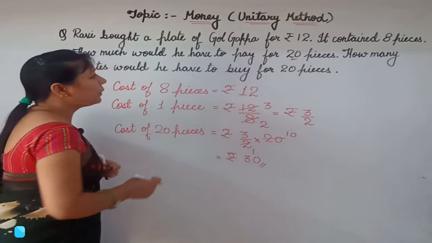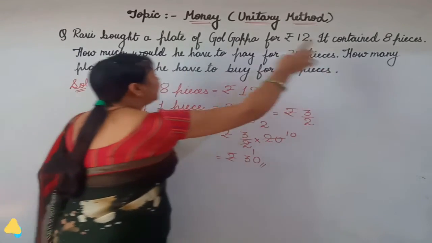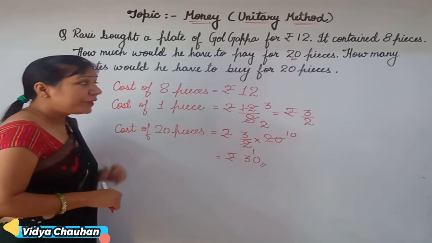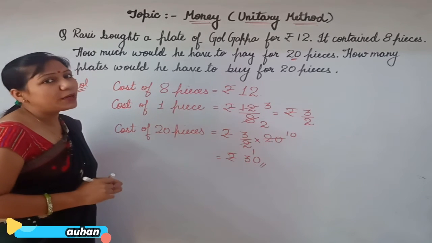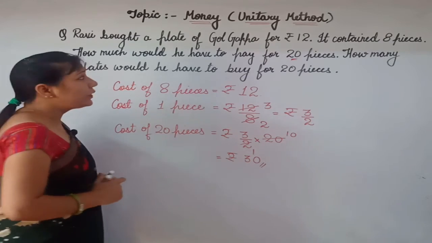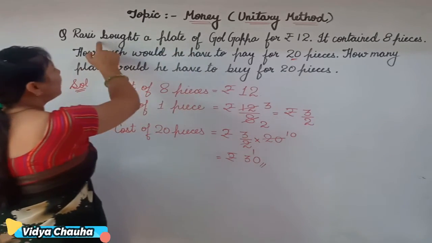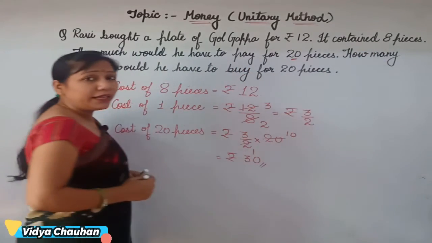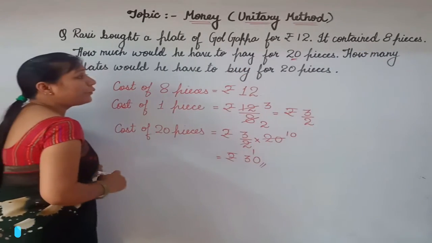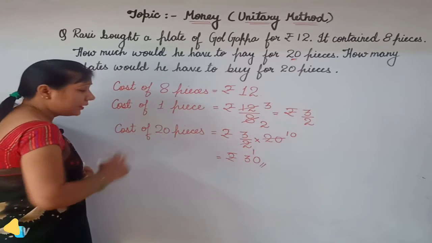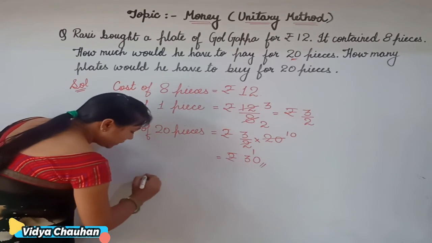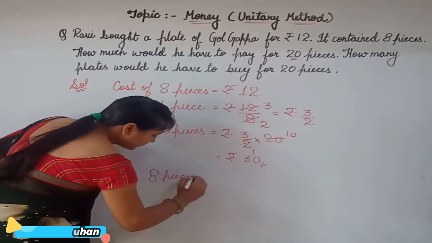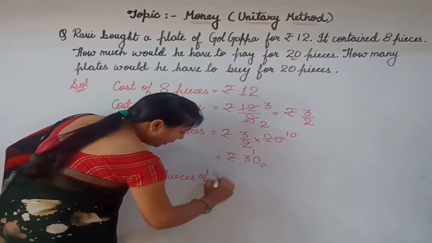Still we have one more part, and that is how many plates would he have to buy for 20 pieces. So now to find the number of plates, the first statement is, in 1 plate of Golgappa, how many pieces were there? 8 pieces.